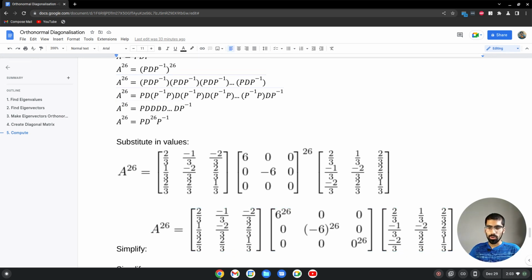Now, even though scalar exponentiation is more efficient than matrix exponentiation, you still can't do it in your head, because I have no clue what 6 raised to the power of 26 is.